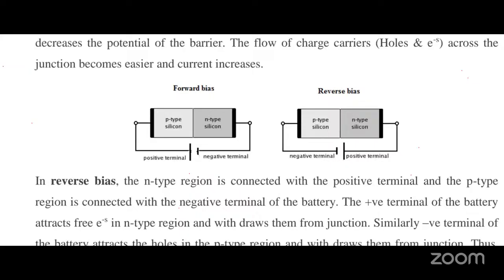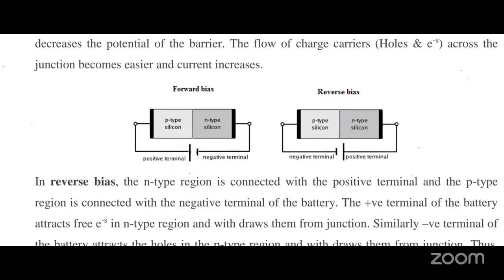Previously, the PN junction was connected and immediately a depletion layer was formed, and the two were connected with an external battery outside. But here, the positive terminal is connected with the P type semiconductor. The negative terminal is connected with the N type semiconductor. Such connectivity produces forward bias.